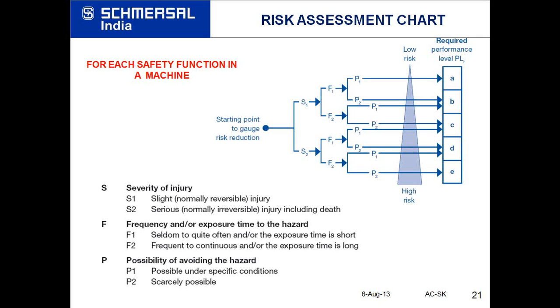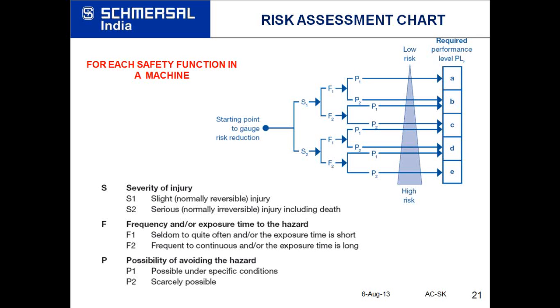And the third is possibility of avoiding the hazard. If you see severity of injury, it can be a slight injury, which we call reversible injury, and second, it can be a very serious injury, which can include death.